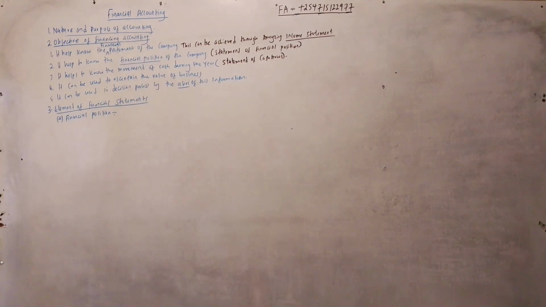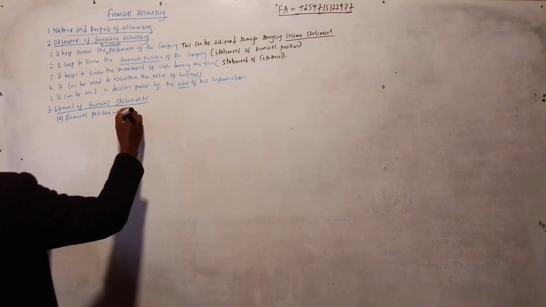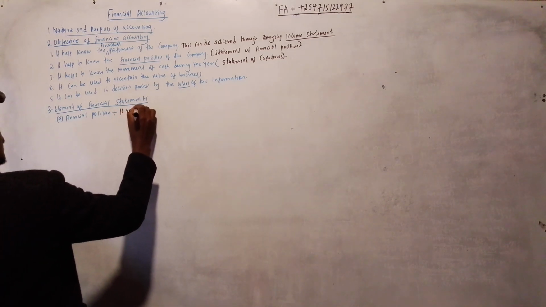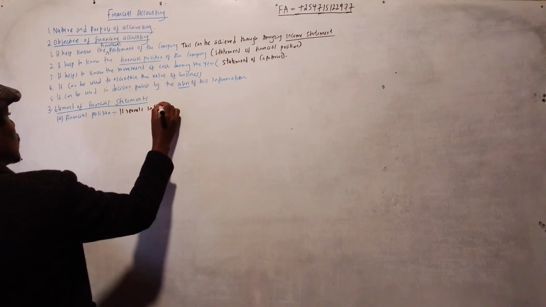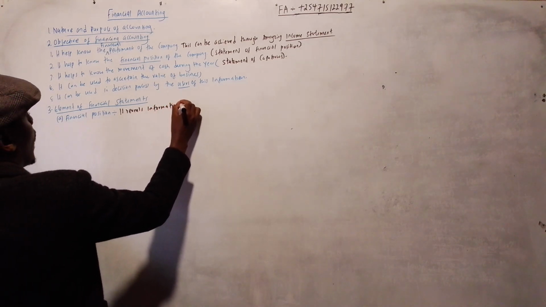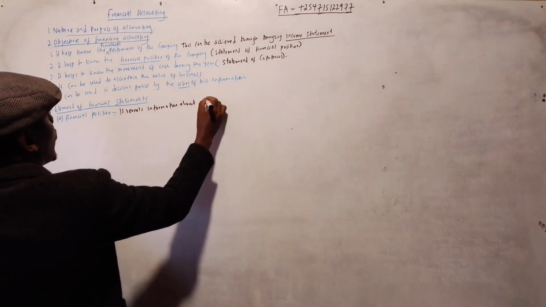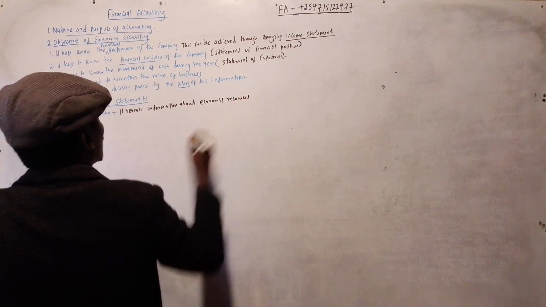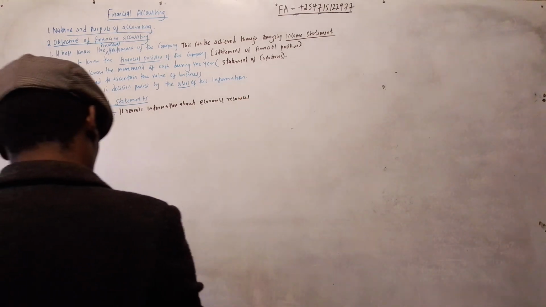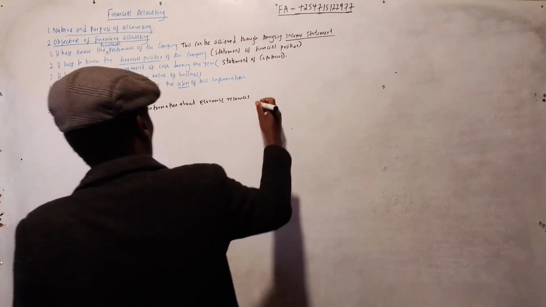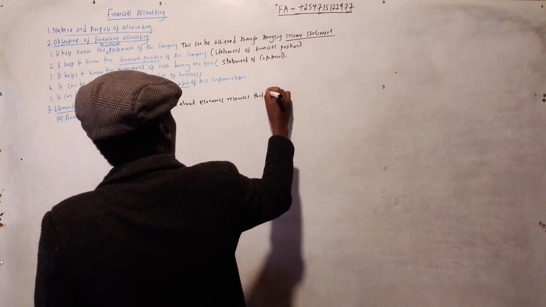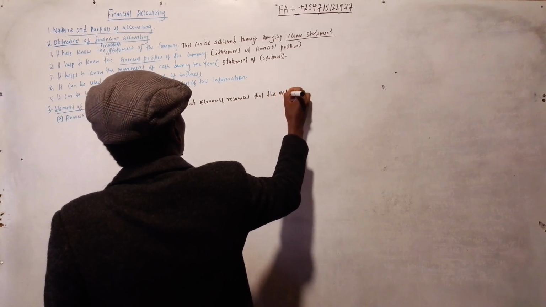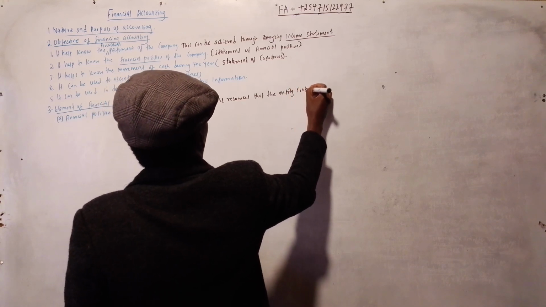We say it reveals information about the economic resources that the entity controls.